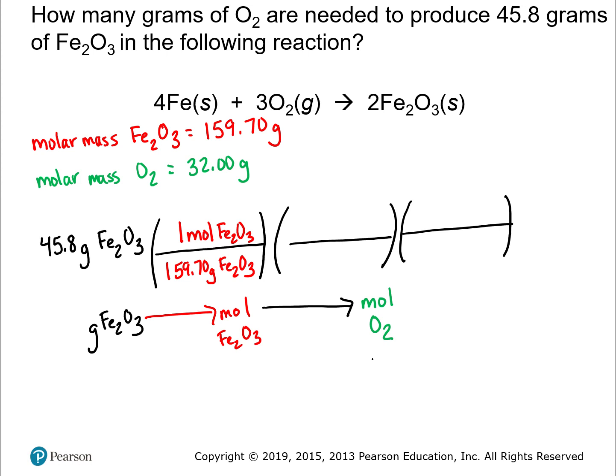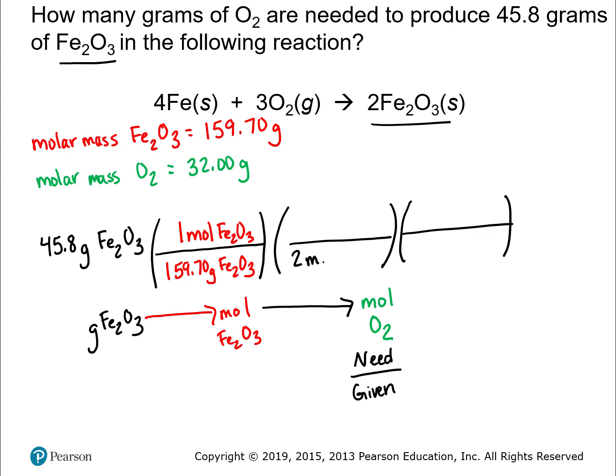Remember that for the mole-mole factor, we're going to look at the compound that we're given information for, in this case that's the iron 3 oxide, then we look at the chemical equation and write how many moles of that we see.